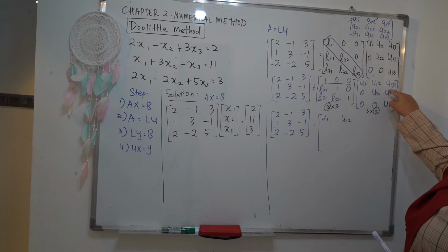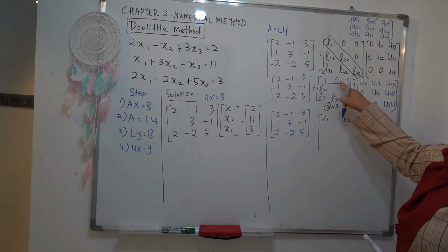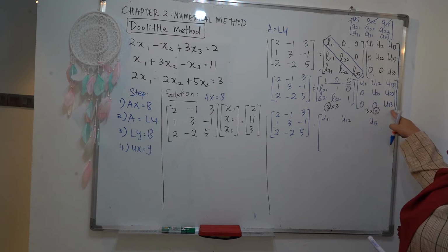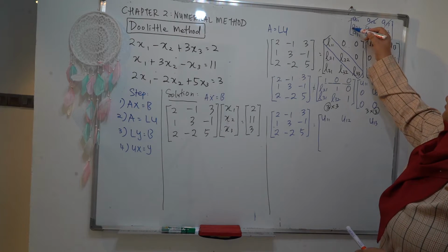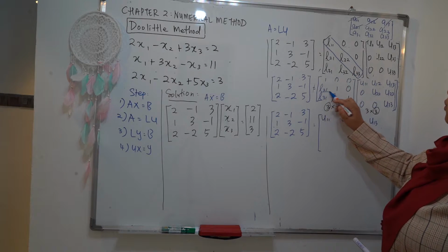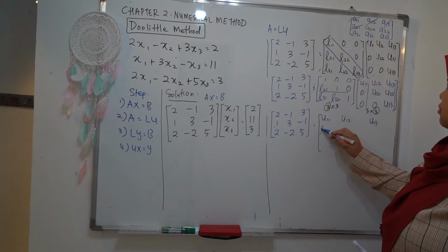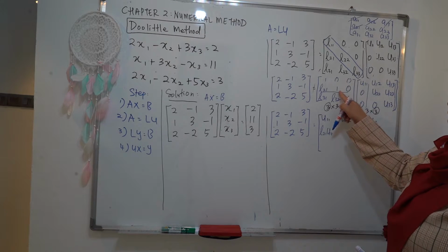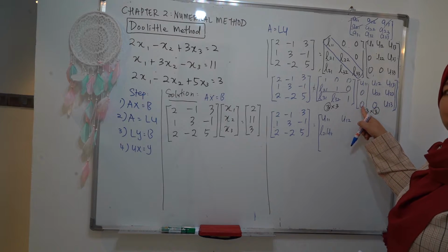So 1 times U13, plus 0 times U23 is 0, plus 0 times U33 is 0. Okay, so I continue with A21, which means row 2, column 1. So L21 U11, plus 1 times 0 is 0, plus 0 times 0 is 0.